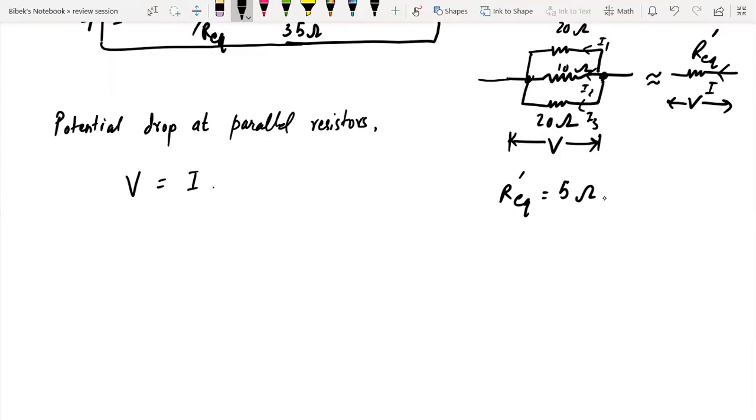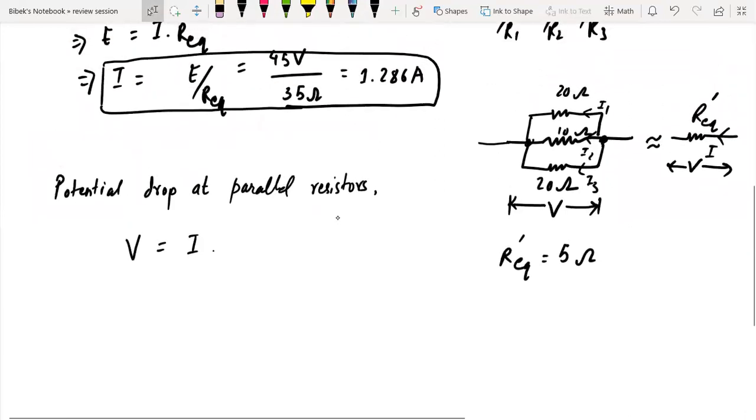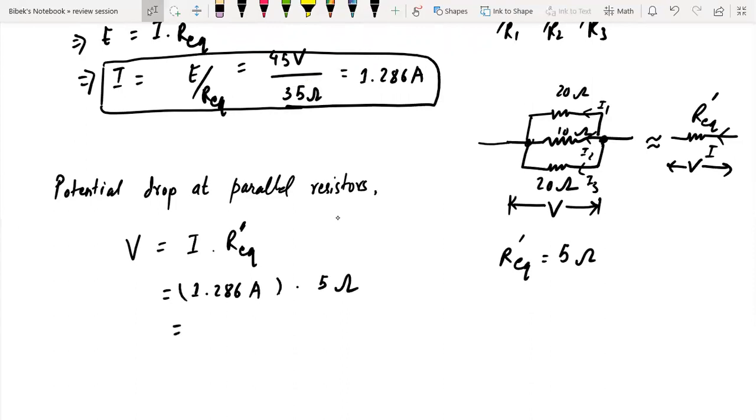So you have I that you calculated in the first part, times the equivalent resistance for this parallel component. That is, you found it to be 1.286 amperes times the equivalent resistance, that's 5 ohms. So that's about 6.429 volts, okay?